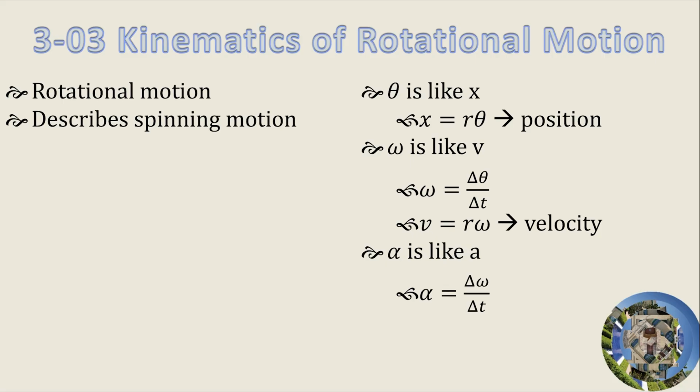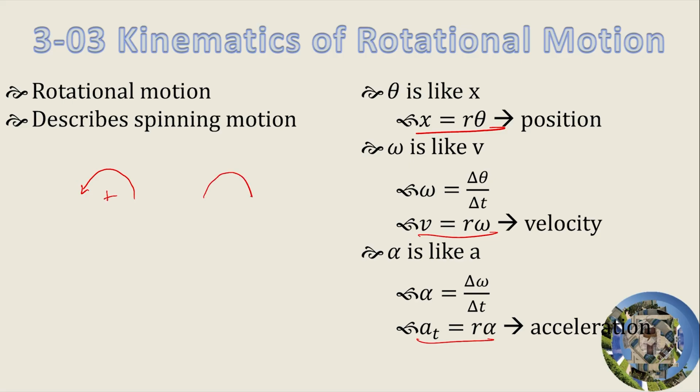Angular acceleration is the rate of change in angular velocity over time, and our tangential acceleration is r times the angular acceleration. So you see there's a pattern: the linear, the tangential, is r times the angular quantity. For the angular quantity, counterclockwise is positive, clockwise is negative.